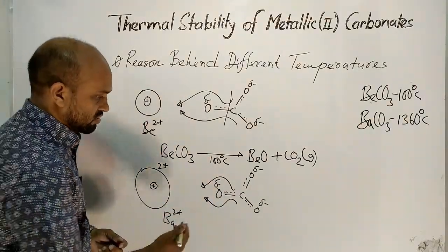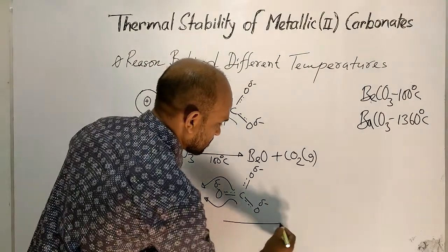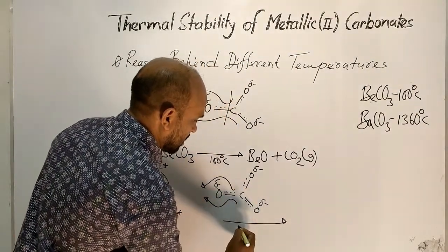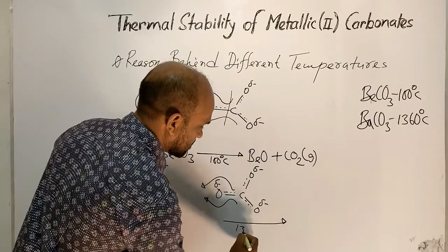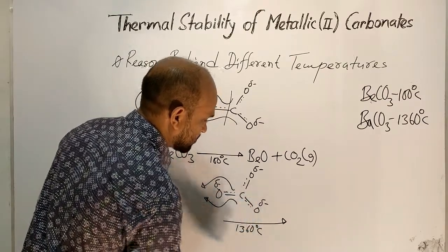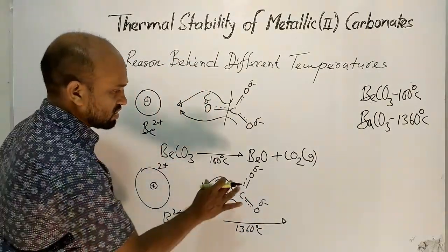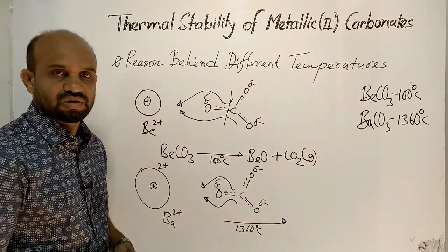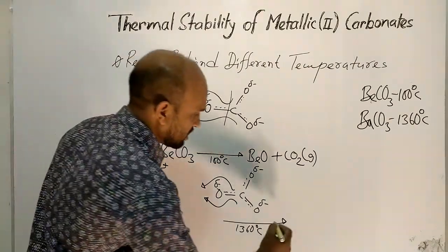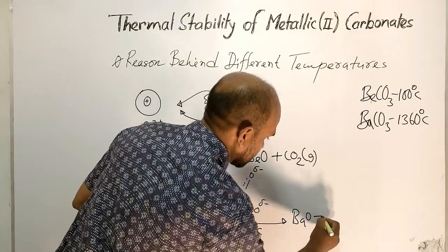So for barium carbonate it requires high temperature, that means 1360 degrees Celsius temperature, then only this carbonate ion breaks free, leaving barium oxide.